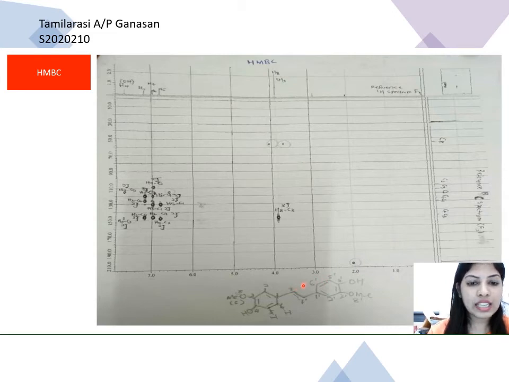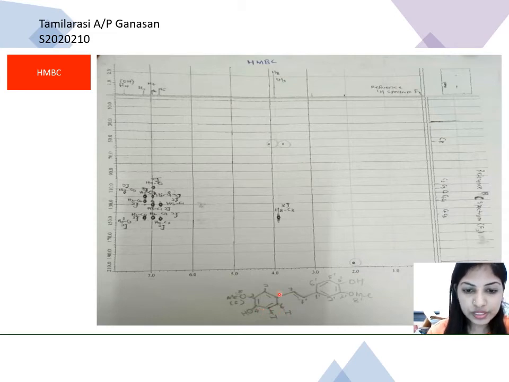Let's start from H4. This is H4. How many bonds away? They have 2 bonds away. How do you know it's 2 bonds away? 1, 2. Go for H2.